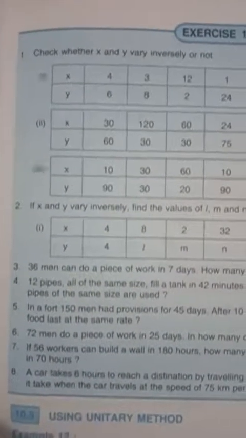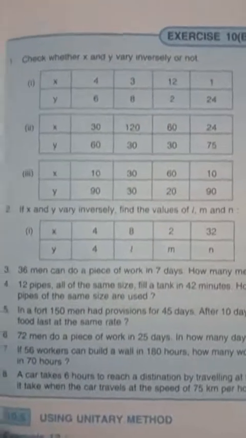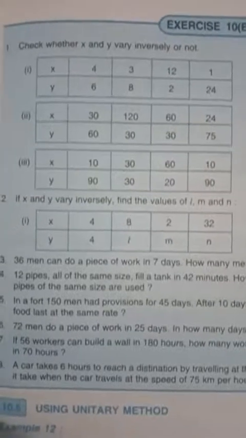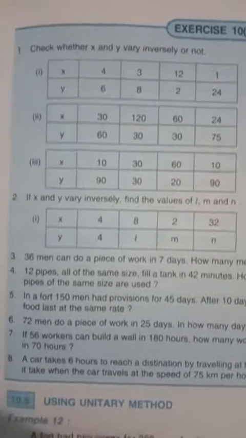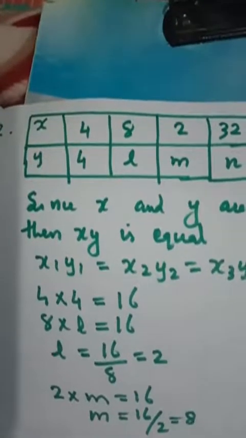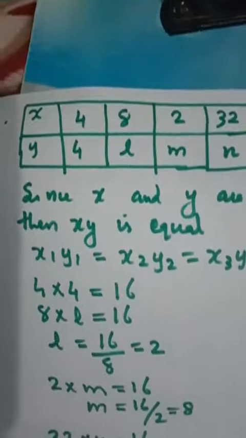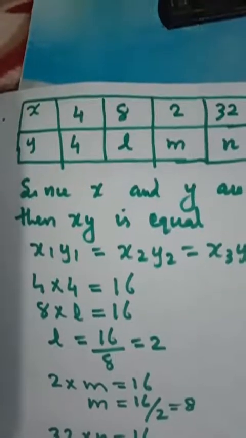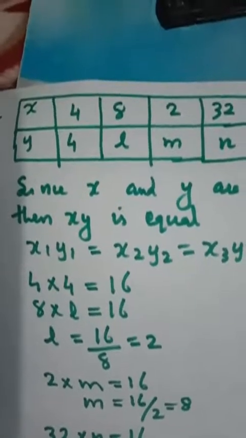Now question number 2. If x and y vary inversely, find the values of L, M and N. Here, x is 4, 8, L, 2, and y is 4, 2, M, 32, N. It is given that x and y are in inverse variation.